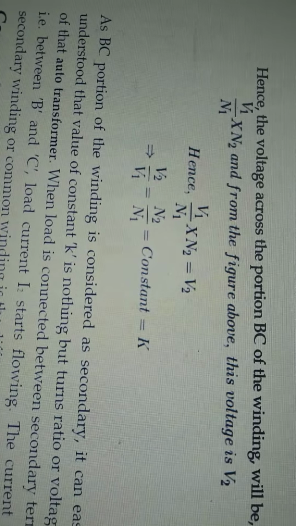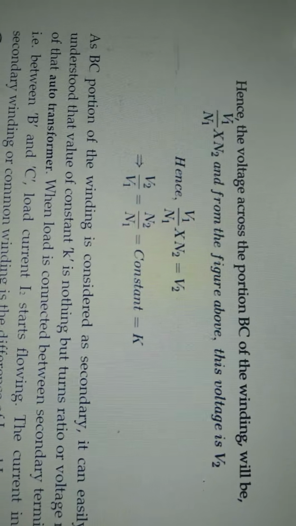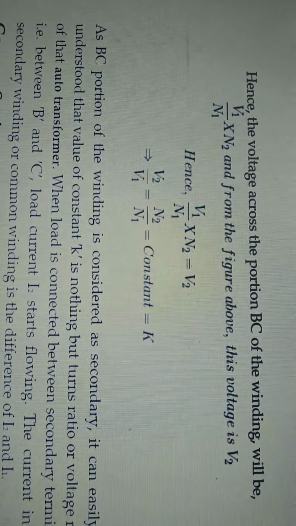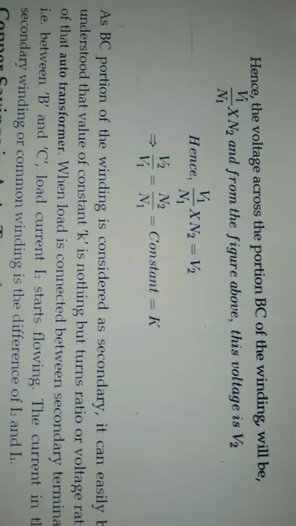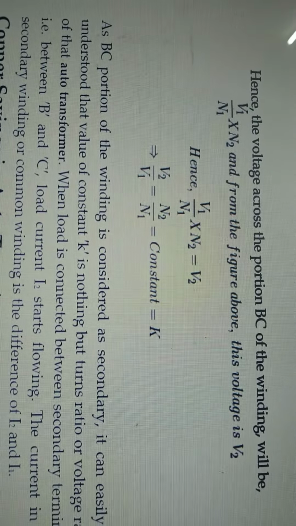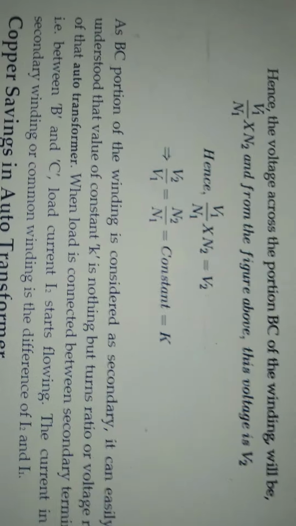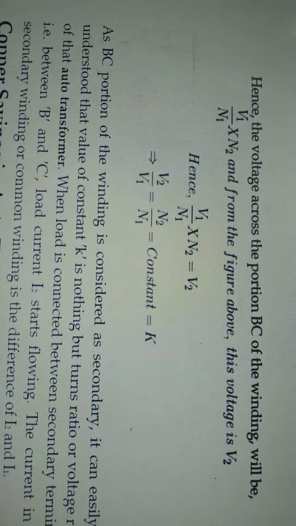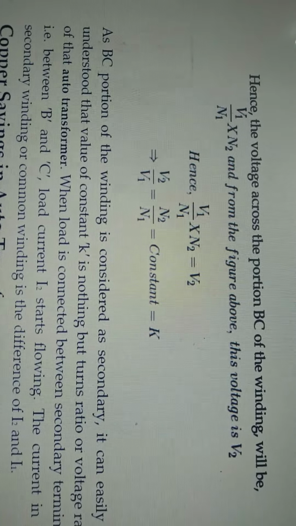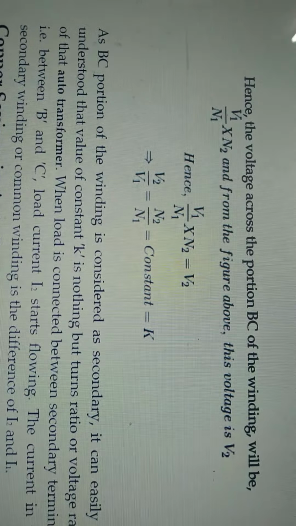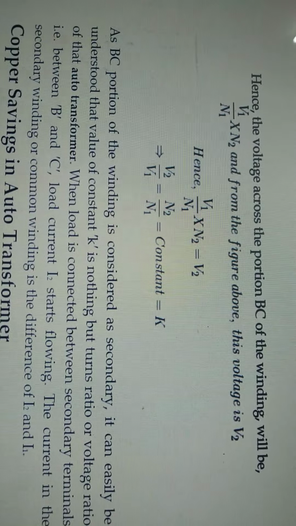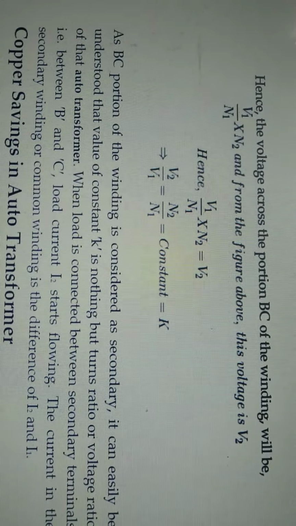This constant we have already seen in the case of a normal transformer, what we call the turns ratio or voltage ratio. When we connect the load to the secondary winding of the auto transformer, the secondary current I2 flows through the secondary winding. The total current through the secondary winding will be the difference between I2 and I1.